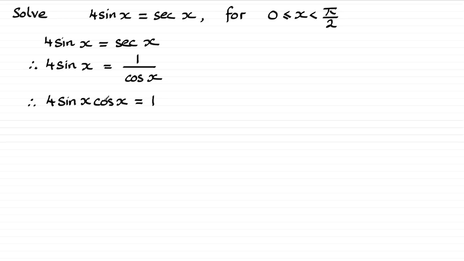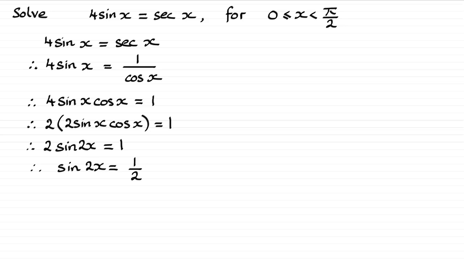So by changing this to 2 multiplied by 2 sine x cosine x equals 1, I can now pick up on that idea that this is sine 2x. If we do that, we now achieve our one trigonometric function, sine 2x. And so I can divide both sides by 2, giving me sine 2x equals a half.